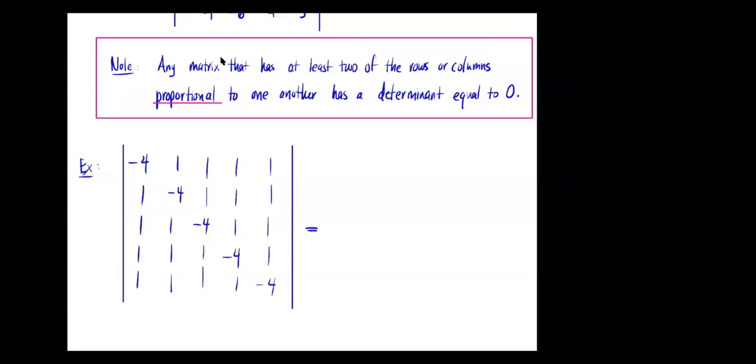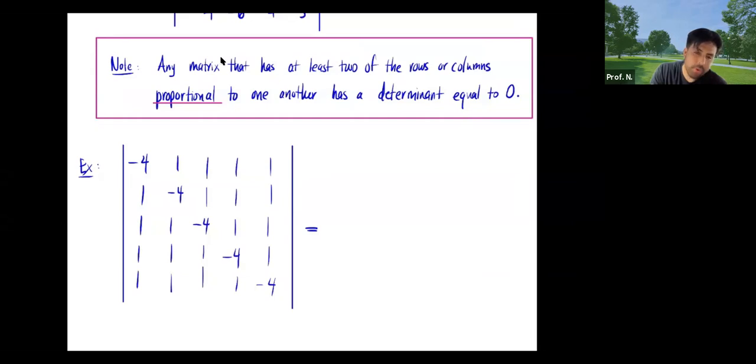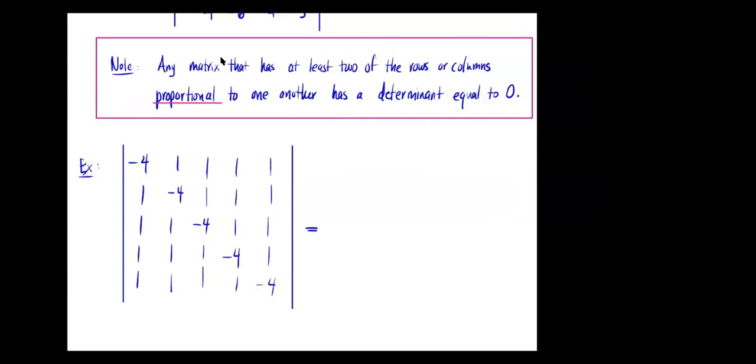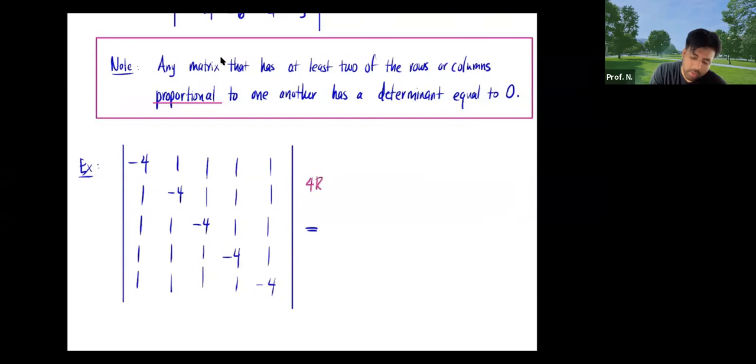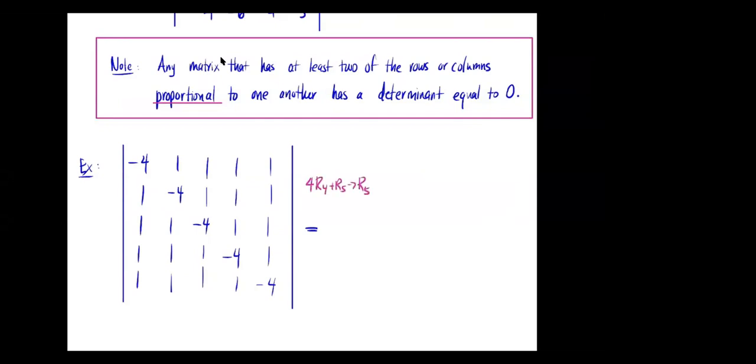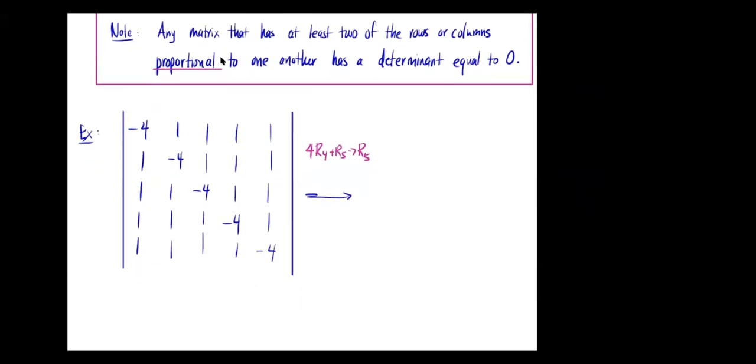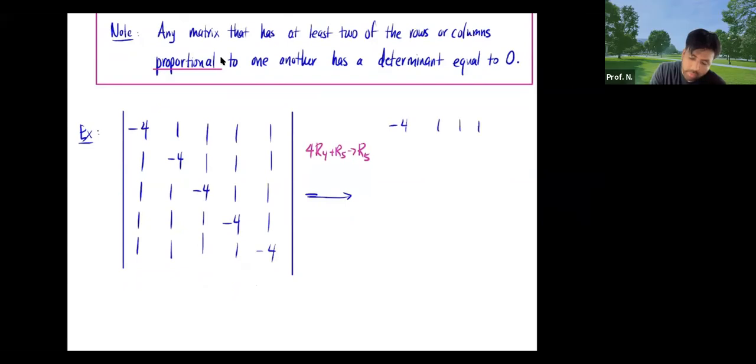But it doesn't. So if I were to do what you said, right? You said multiply R4 by 4, and then add it to R5, right? So then what does that give us? -4, 1, 1, 1, 1. 1, -4, 1, 1, 1, 1, 1, -4, 1, 1, 1, 1, 1, -4, 1.